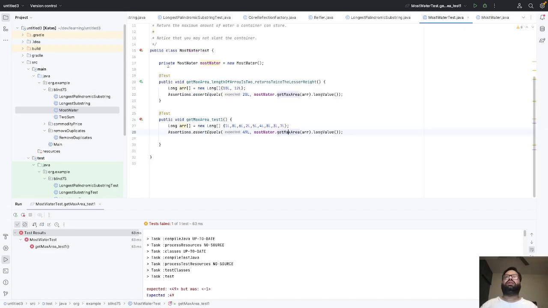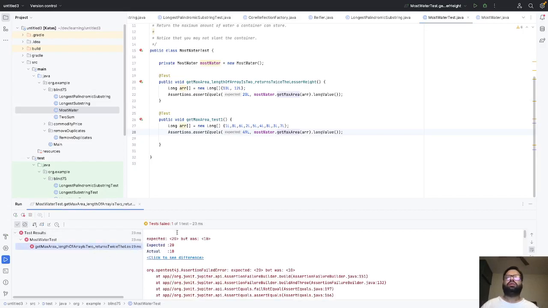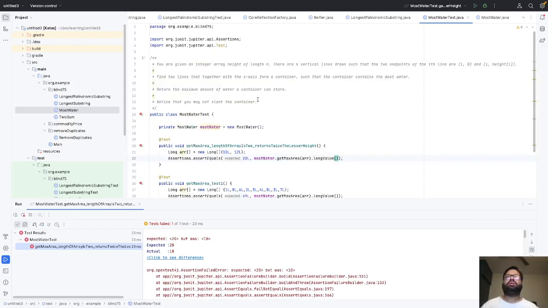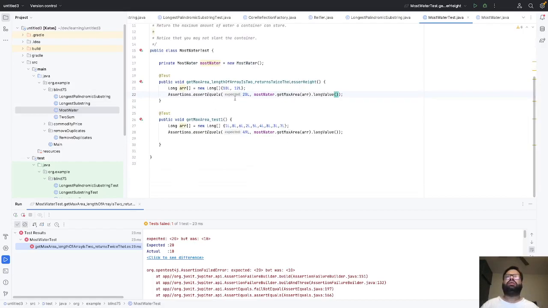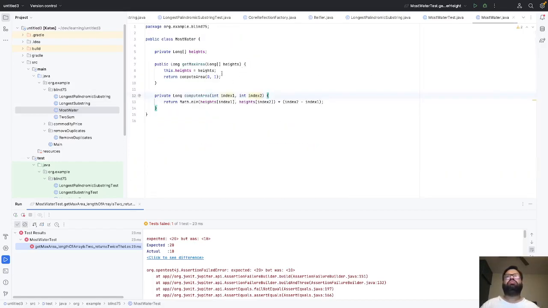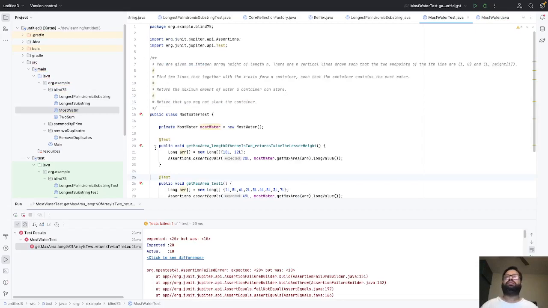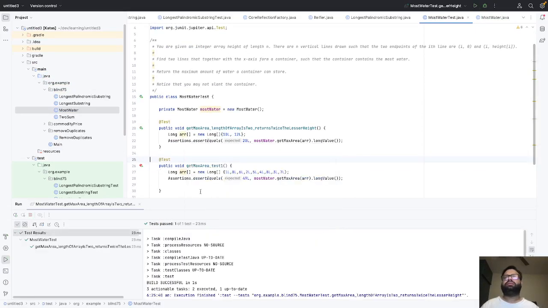The first test should still pass. No. Off by one error, it seems. Nine minus 7.